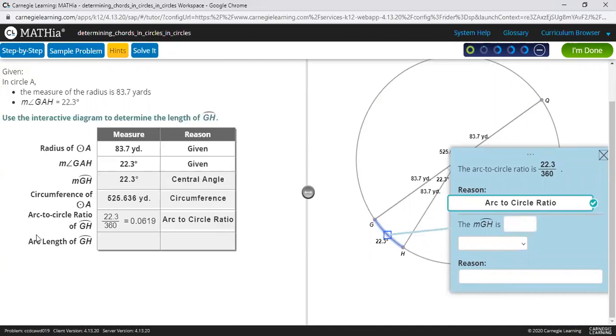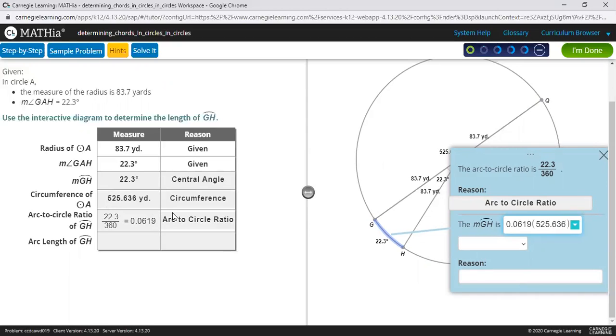Then that extends to the last part, finding our arc length. The measure of GH, our arc length, is going to be that 22.3 divided by 360, which is 0.0619, times our circumference. I'm going to use the decimal they give us, 0.0619, that comes from right there, times, just open up parentheses, the circumference that I calculated last, 525.636.